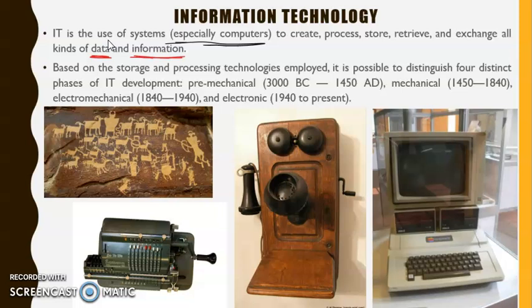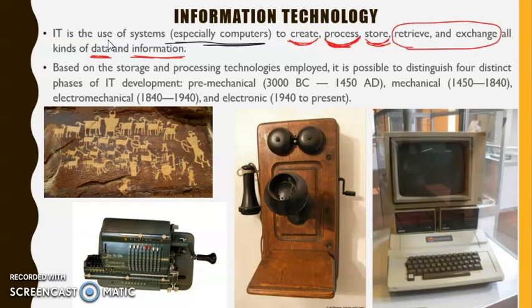Now, any system. Now, I want to tell you that the things that you see here are not difficult to memorize. See, first of all, creating data or information, processing data or information, as we talked about before. So create, process, and you store them. When you store them, what you are going to do with them? Distribute them, exchange them, or retrieve them.